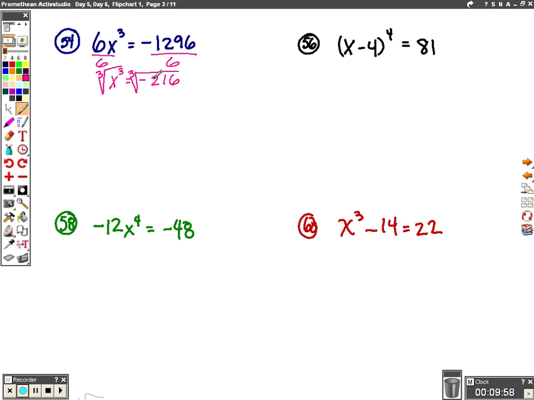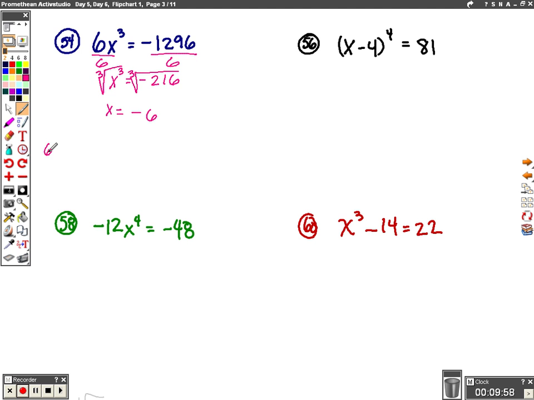Am I going to have imaginary solutions, or is that all right? If I was taking the fourth root, I would have a problem. I'd get an imaginary number. But the third root is allowed. So here, because this is an odd index, I'm going to have one real solution, and the answer is going to be negative 6, right?